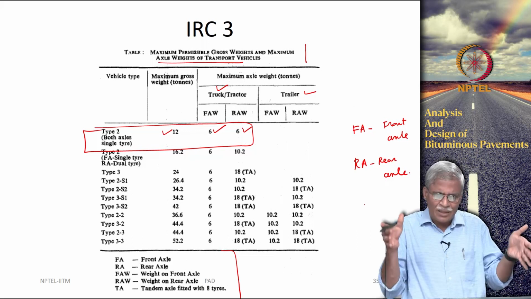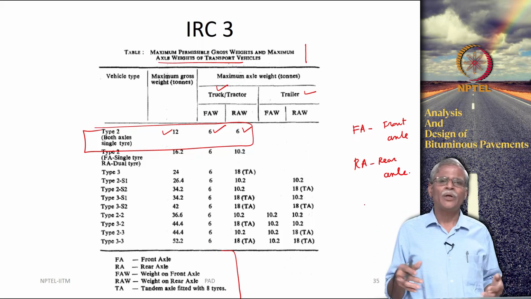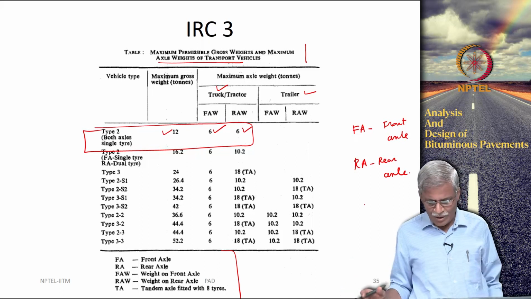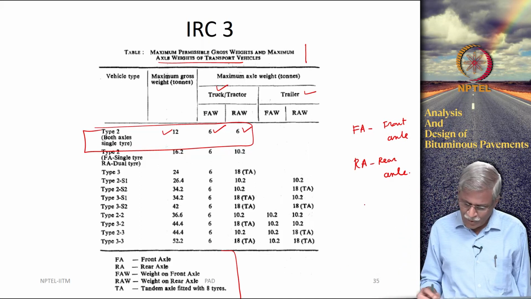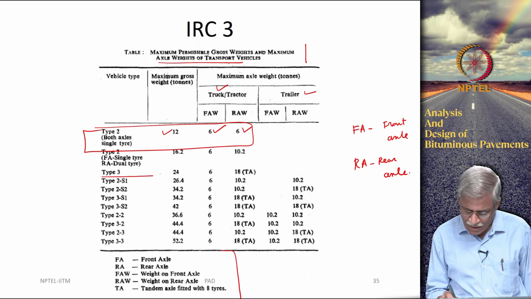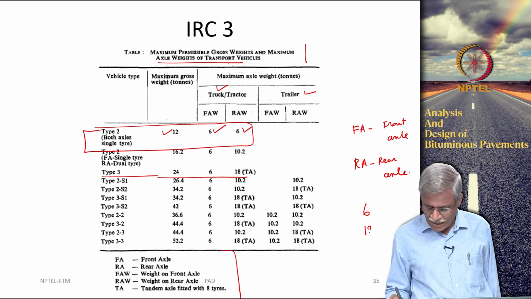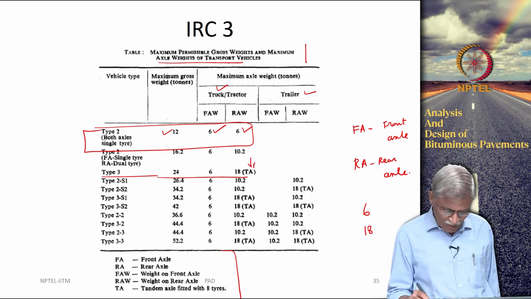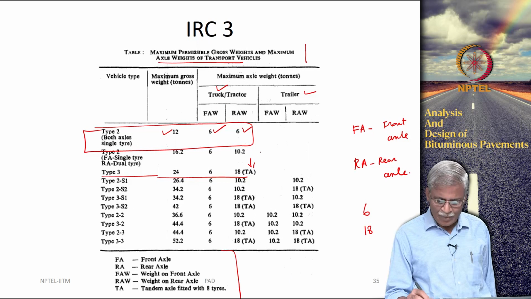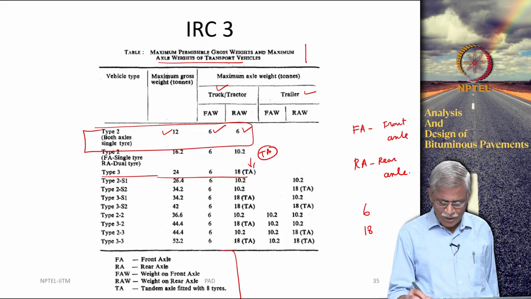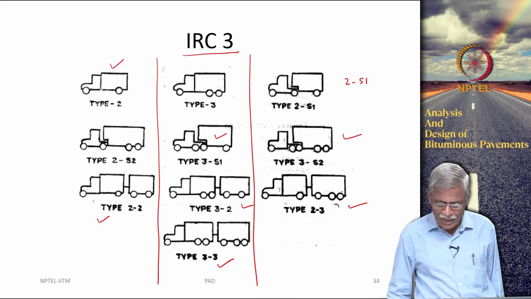When it is a truck, it is a single unit. When you have a tractor trailer combination, it is going to be a dual unit, and you can see type 3 here. There is a 6 and 18, and this comes under what is called the tandem axle. So, let us go to type 3 here.